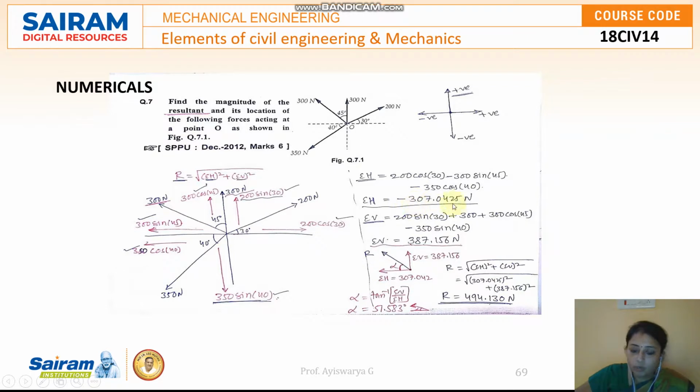You will get a value in Newton since it is a force. Then use the equation R equals root of summation H squared plus summation V squared to get the final answer. Also alpha equals tan inverse of summation V by summation H. Use this formula for finding alpha. This is how you calculate the resultant force and the angle.